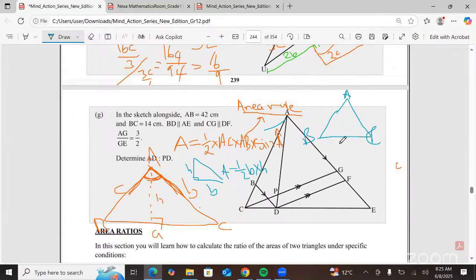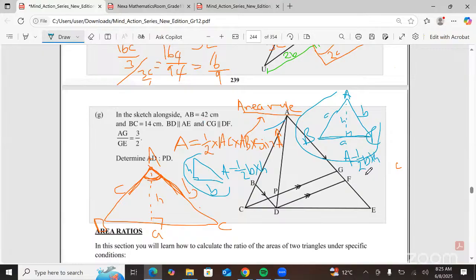We are given A, B, and C, and then we are given the height. So this condition is the same as the condition for here, because this triangle has the base A and the height H. Therefore, the area for this triangle will also be half base times height. Does it make sense, guys?